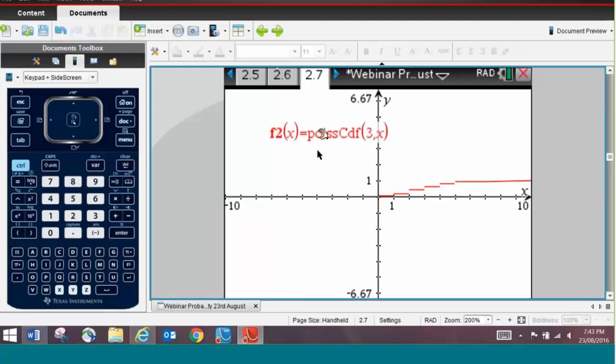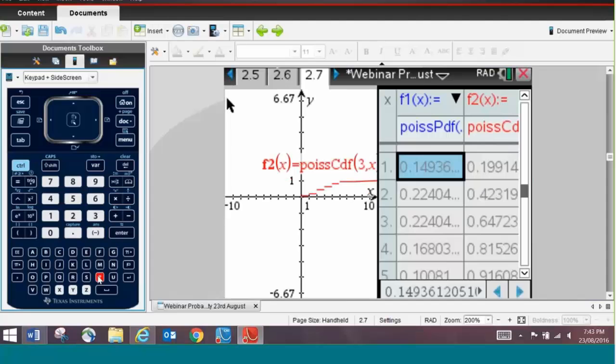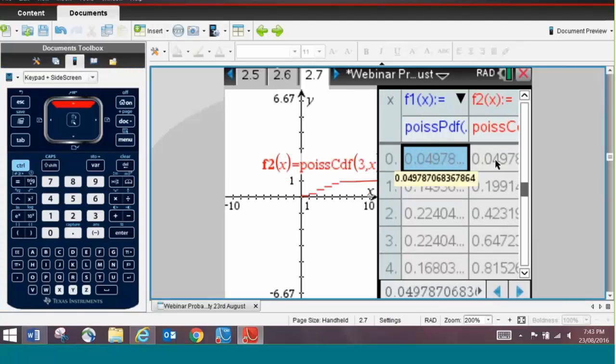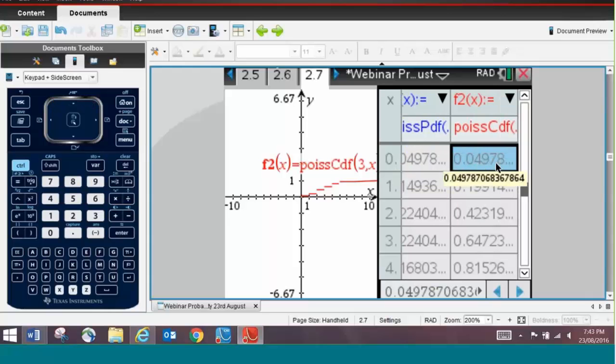So now when I've got those two functions there, if I go Control T, you'll see both parts within the table. So we can see those values there, and at the same time we can see the cumulative value increasing.